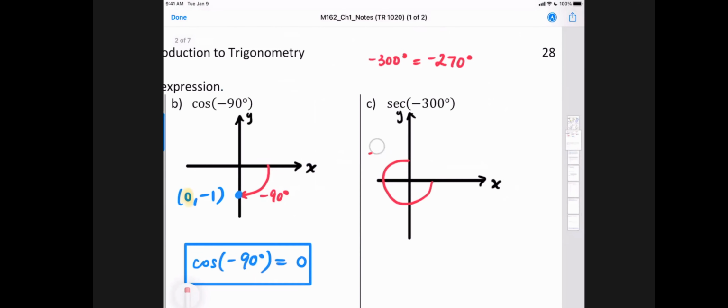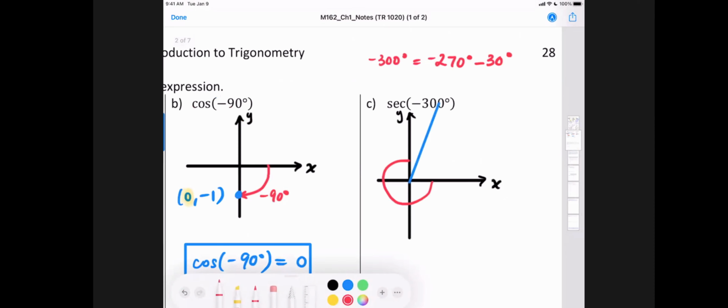And then the remaining amount to get to negative 300 is that we have to go 30 degrees more clockwise. That gives us a terminating side, drawn in blue.